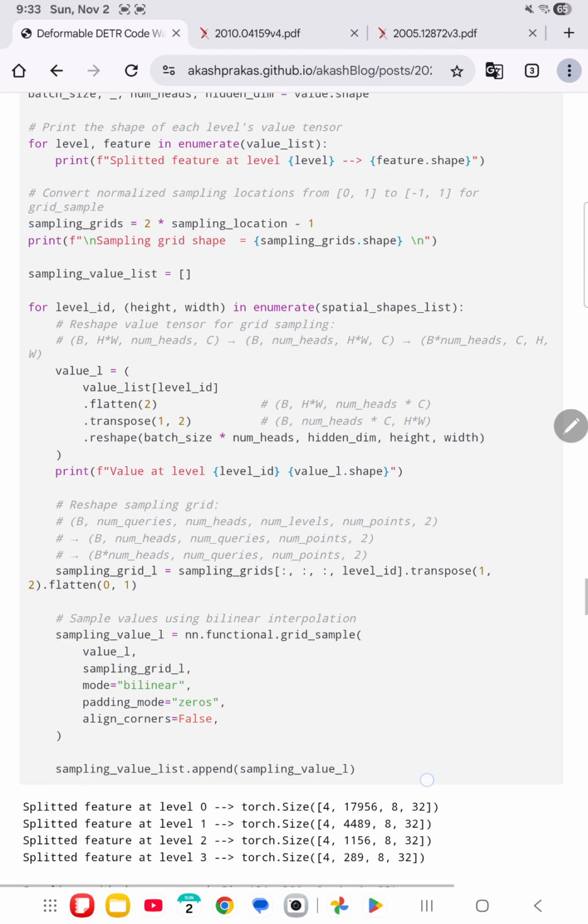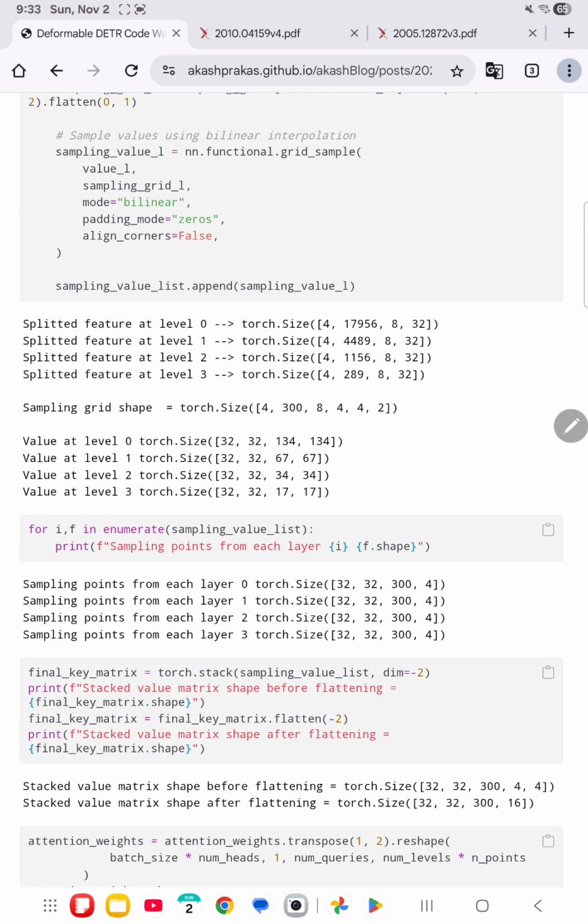So what it outputs is the corresponding value for each level. For each level we will get 32, 300, 4, 2, right? There are 4 levels, and for each level we have this one. When you do this for each of the 300 query points, we are looking at 4 points in this feature map.